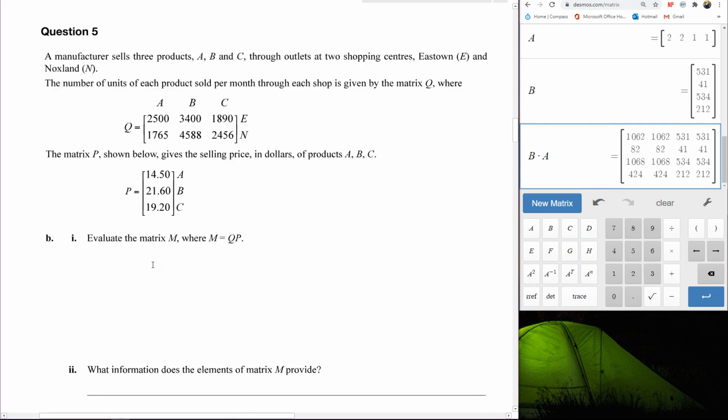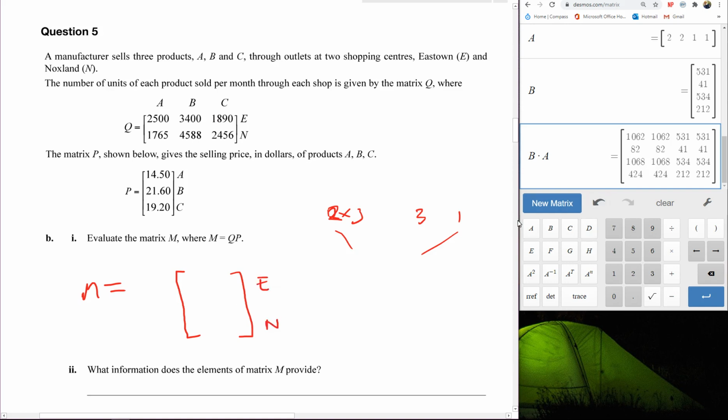I can already tell matrix Q is a 2 by 3, and matrix P is a 3 by 1. That means the order of your answer is a 2 by 1: 2 rows, 1 column. And that will give you the total amount for the E's and the total amount for the N's.